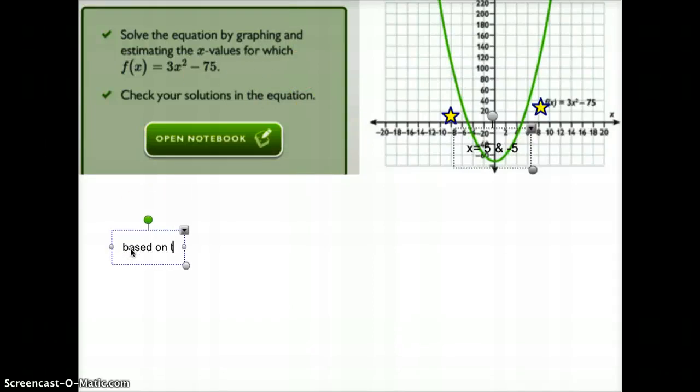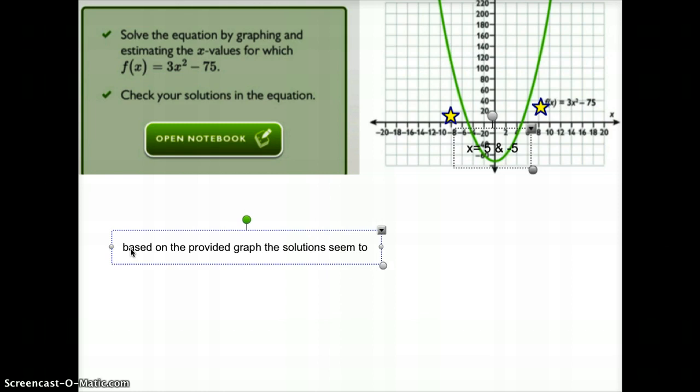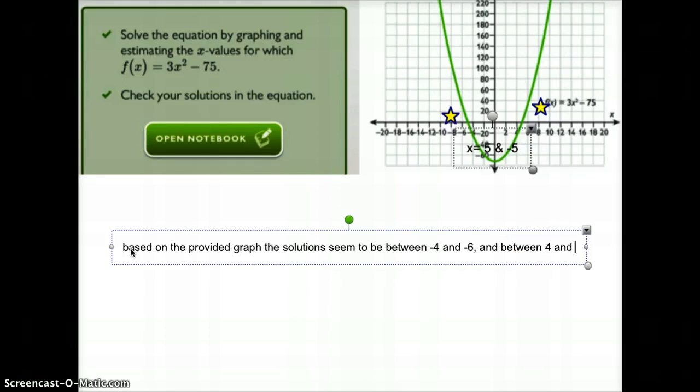Based on the provided graph, the solutions seem to be between -4 and -6 and between 4 and 6.